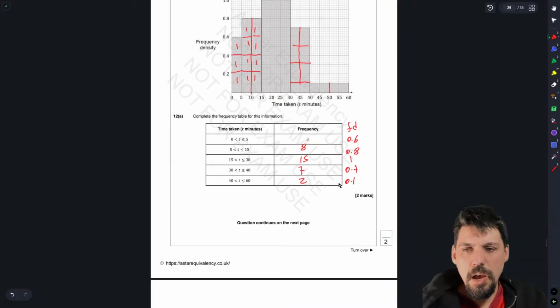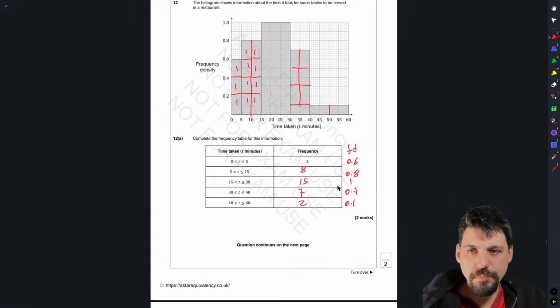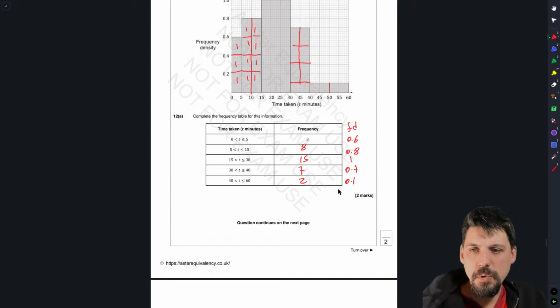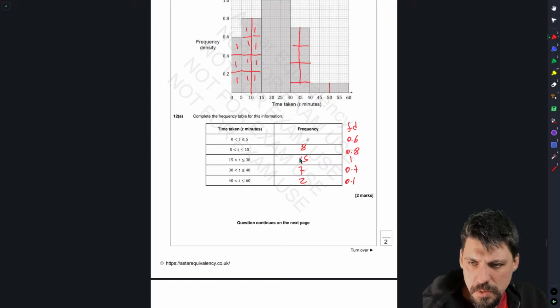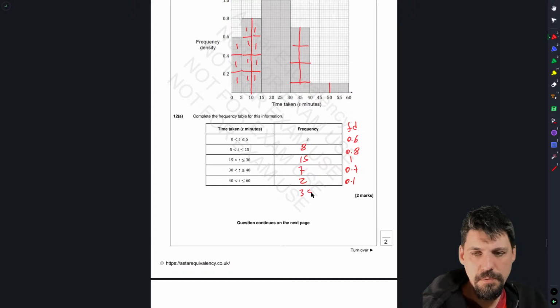Find an estimate for the upper quartile. Okay, so what's my total frequency? 3 plus 8 is 11, 26, 28. Ugh, really? 11, 26 plus 7. 26 plus 7, 33. So we got 35.